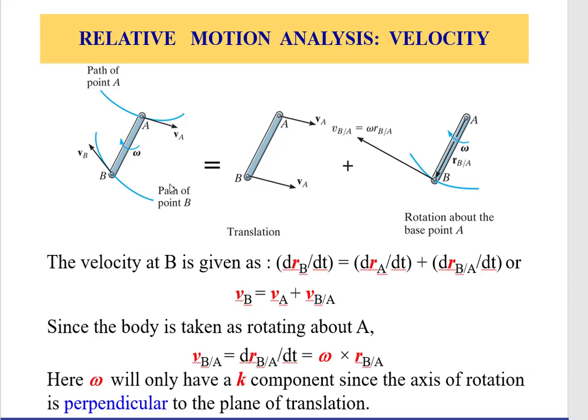And we said also that the velocity of B relative to A is simply the rotation of this link.